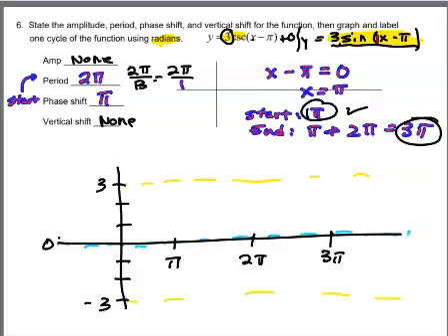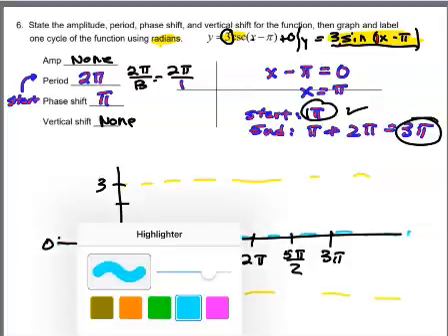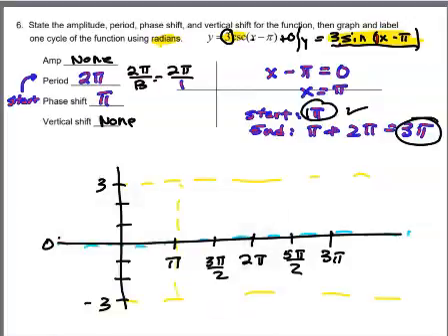As long as we can see the beginning is pi, the end is 3 pi, the middle is 2 pi. You can put those 2 notches in between. Remember, between 1 and 2 is 1.5. Between 2 and 3 is 2.5, or 5 pi over 2. So we are going to start here and end here.